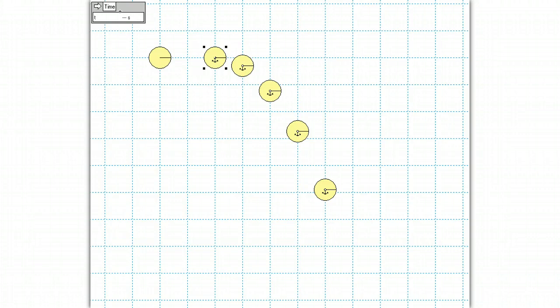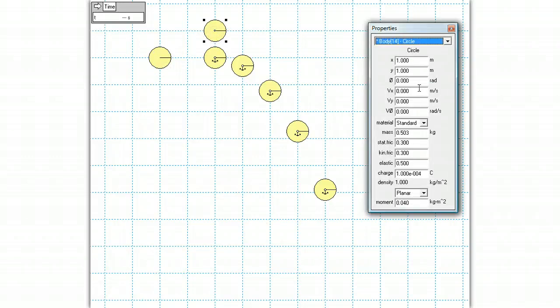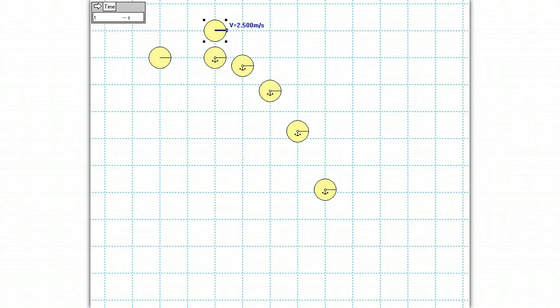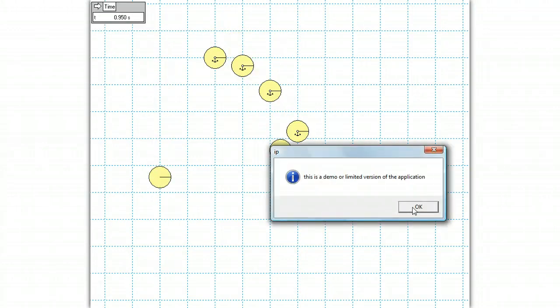If I add in another block, and I'll put it right here, lined up with it, and give it a velocity of, I think I gave them 2.5 meters per second. Oops.